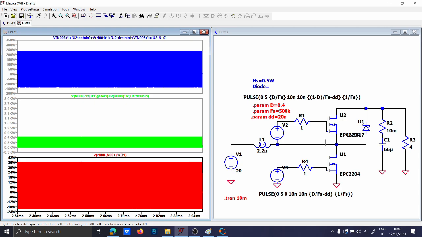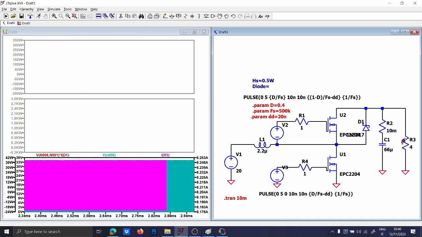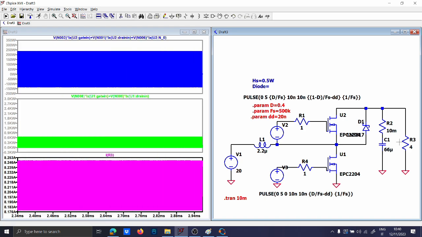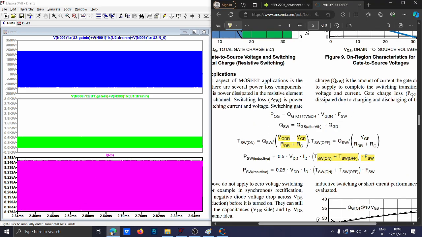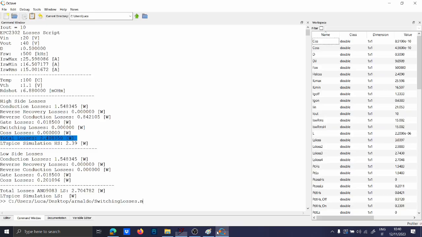And the current should be around, sorry, the current is not around 10 amps, but we said that the output voltage was around 40 volts.